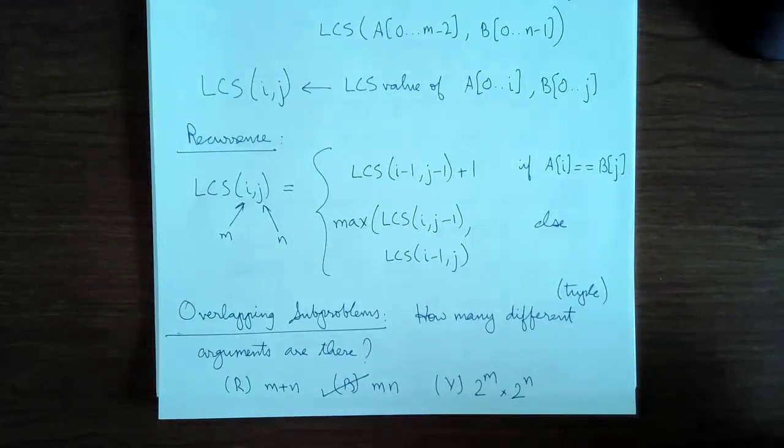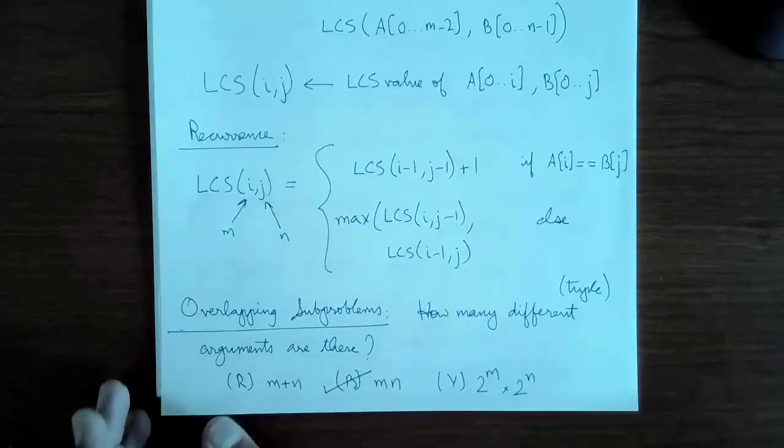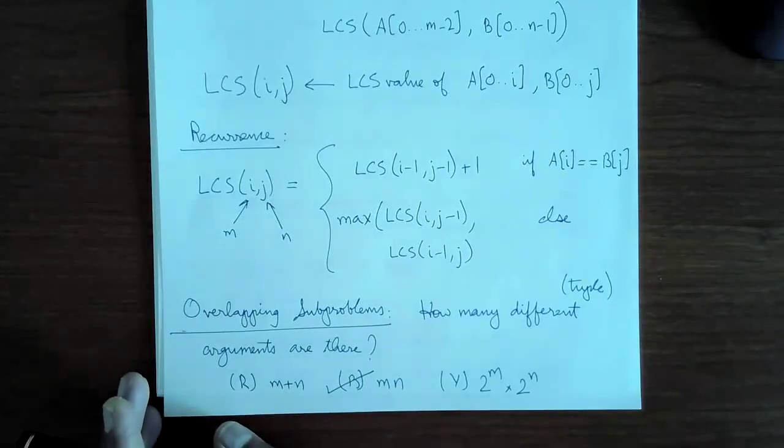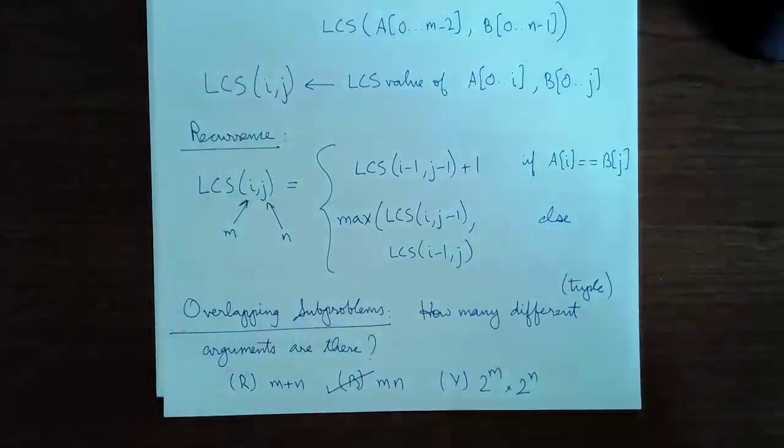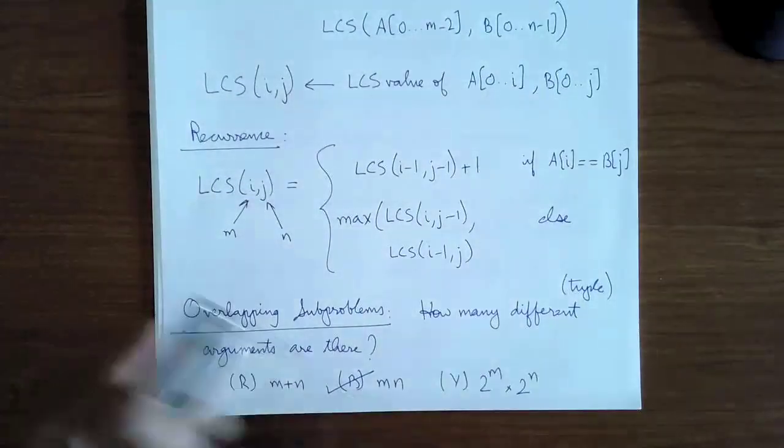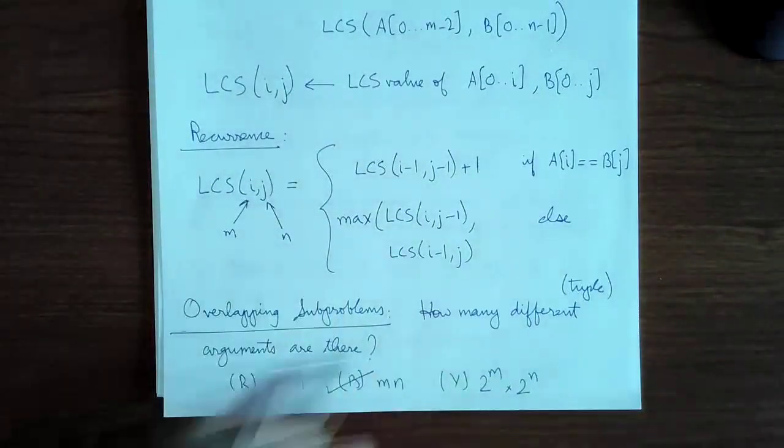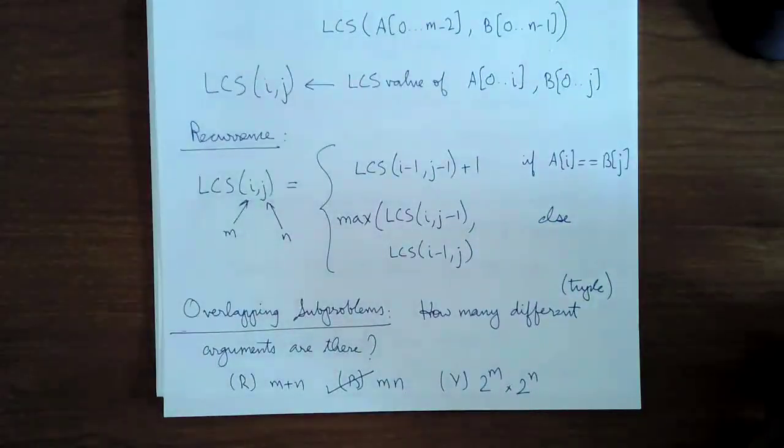Should we give a formal proof for the recurrence? You should give some argument as to why it's correct, but I don't want your proofs to be long-winded, with too many pages. If you write down the recurrence, you can give a small argument as to why it is correct.